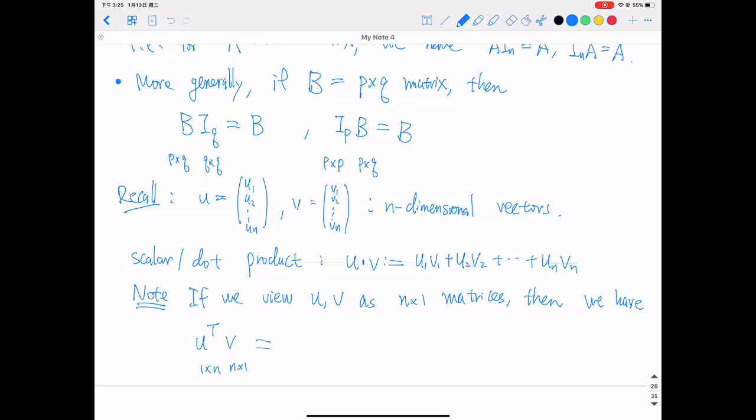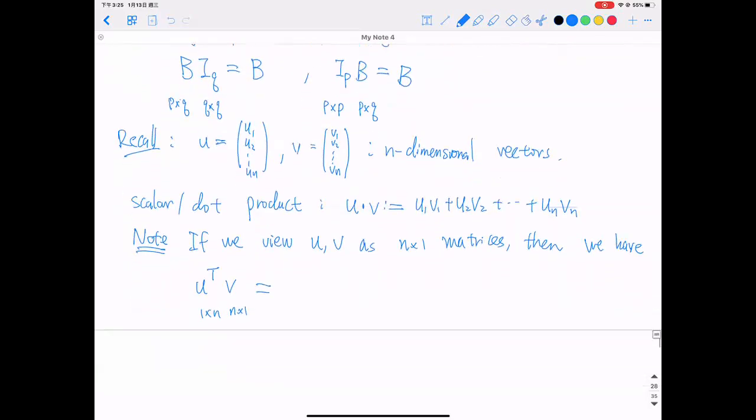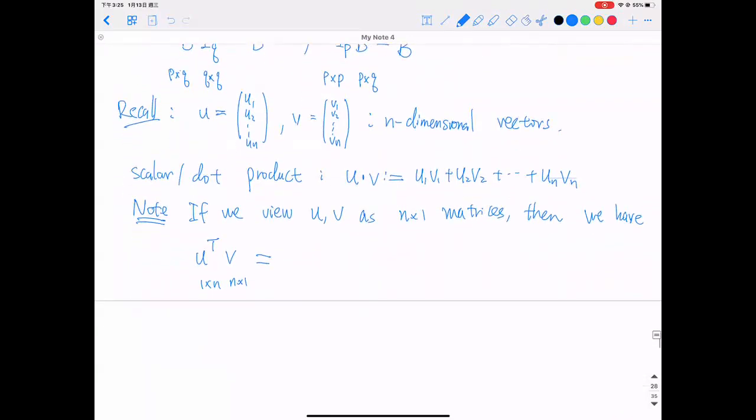So the outcome of this matrix product is a 1 by 1 matrix, that is a number. Which number? We are going to find out now. u transpose is a 1 by n matrix, so it's a row like that.